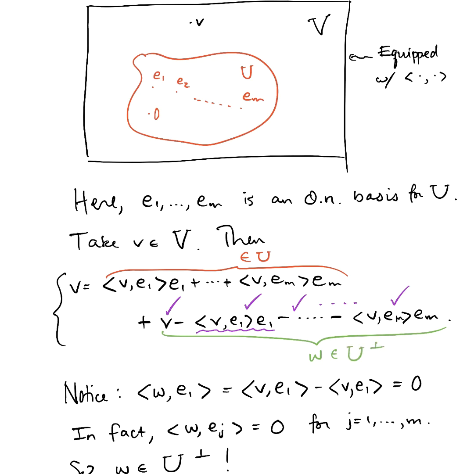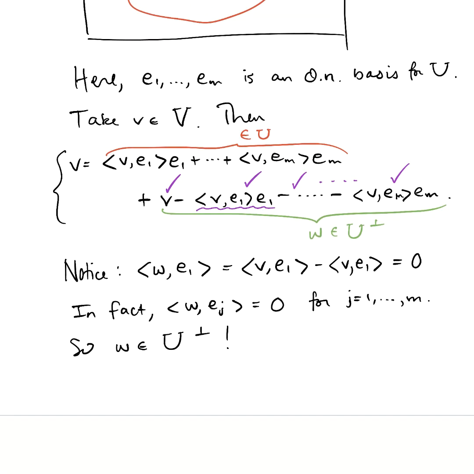We just went through the argument that W belongs to U perp. So that means every vector in the big box can be written as something from U plus something from U perp. In other words, the vector space is the sum of U plus U perp.